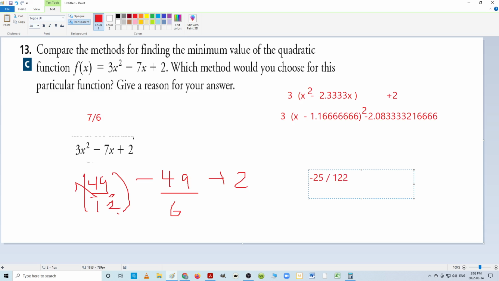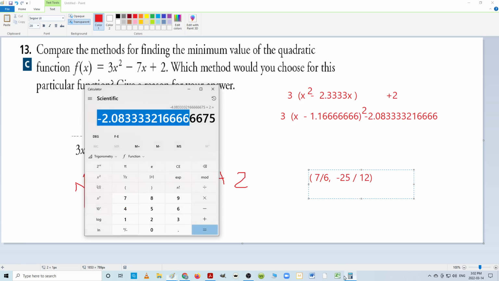So I get an x of this. The x is, I think I found it was 7 over 6. And that is the midpoint. So I've got the same values. So let's just see if minus 25 over 12 is indeed negative 2.008. Yeah, I don't know.